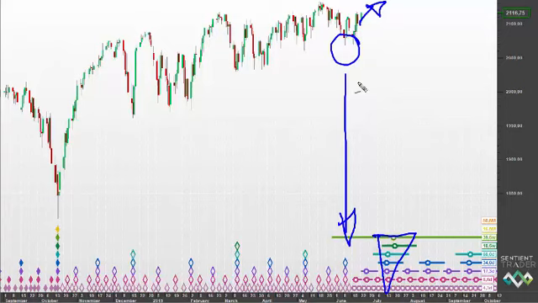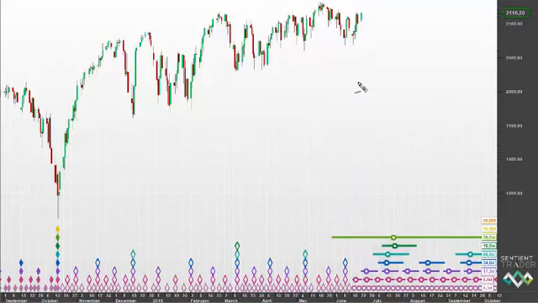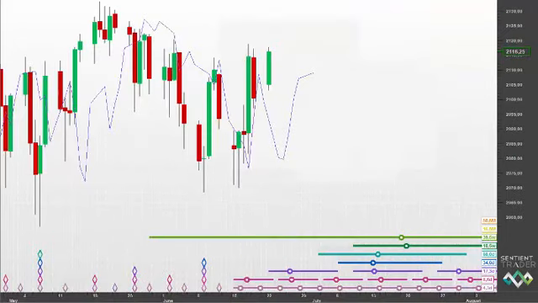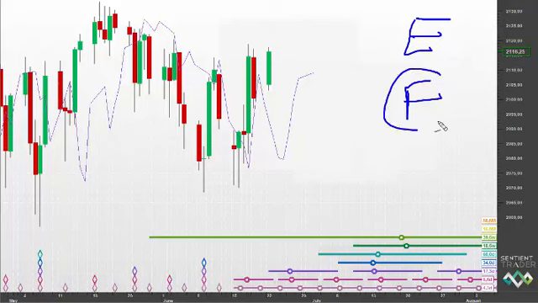If the new highs aren't achieved and the market is looking a little bit sluggish and starts turning down, then this will be the analysis that is most likely to be correct. And we will have a short trading opportunity because, of course, we are currently in an E category long trading opportunity, and our next trading opportunity will be an F category short trading opportunity.